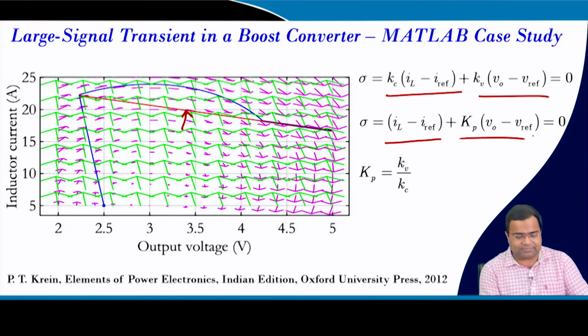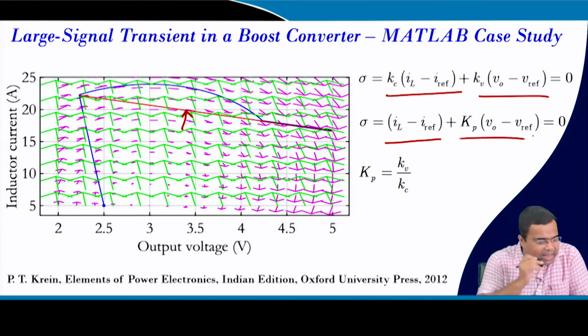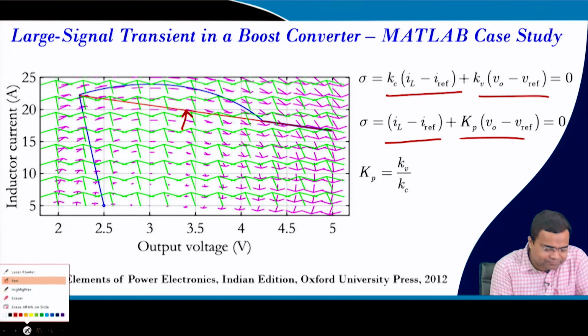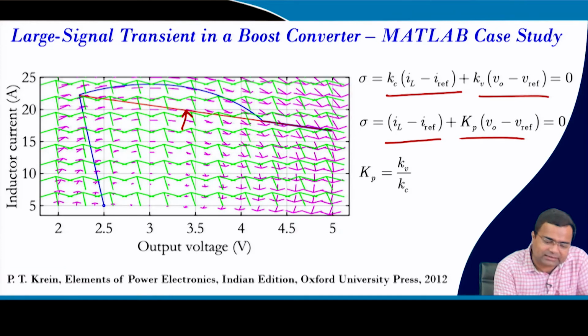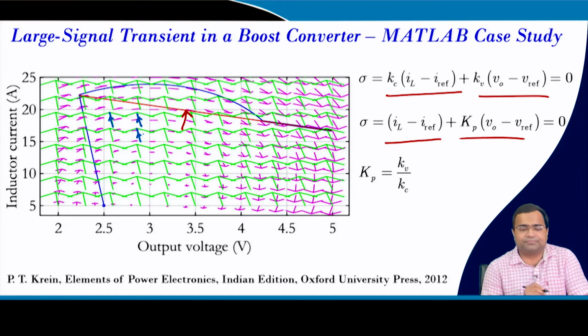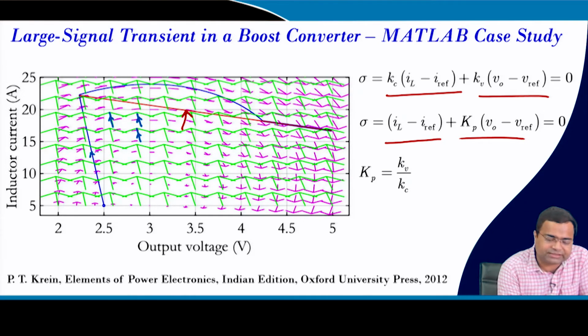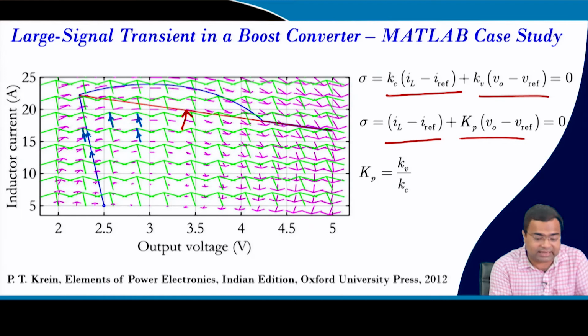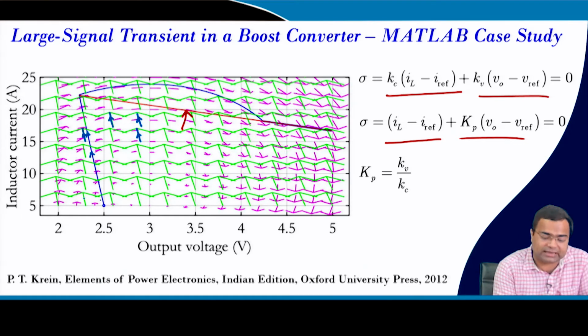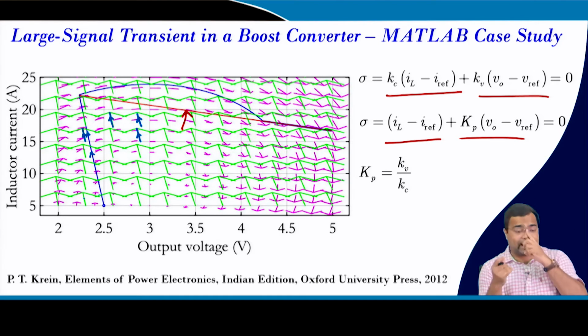You can get this from the Elements of Power Electronics book, that geometrical aspect. And here you will notice that these are the on state trajectory vector field, the green line. That means, this is the on state trajectory, and you see this trajectory and this trajectory are parallel, right. But it is not necessary that this trajectory will be parallel to this line. So, you have to take the close point and draw the vector field, as we have discussed.